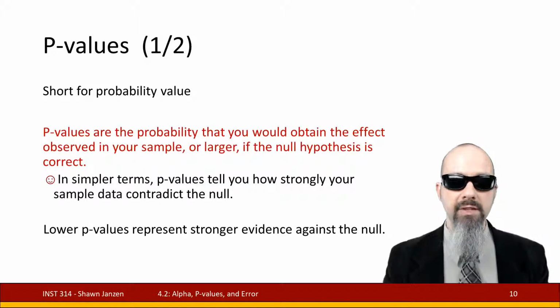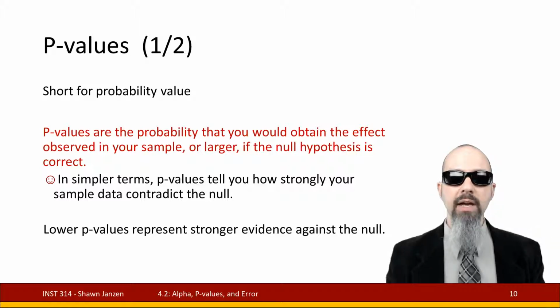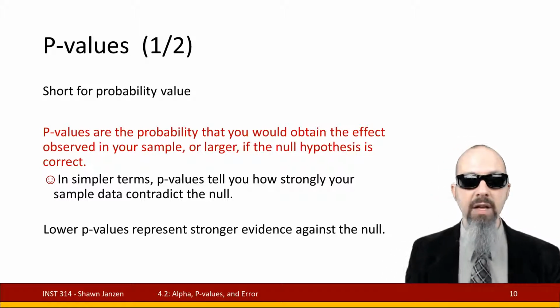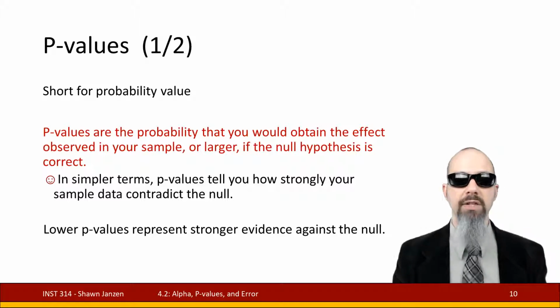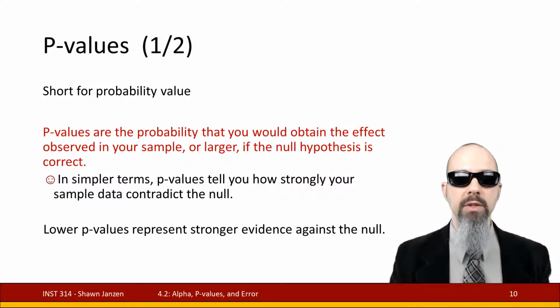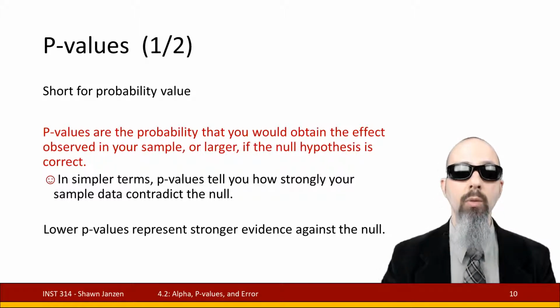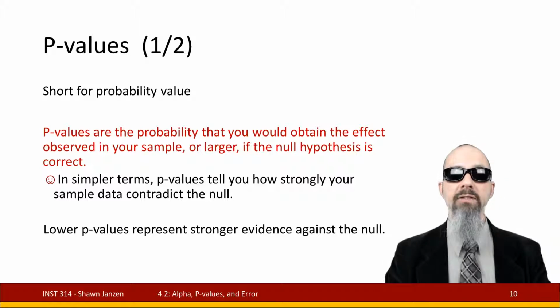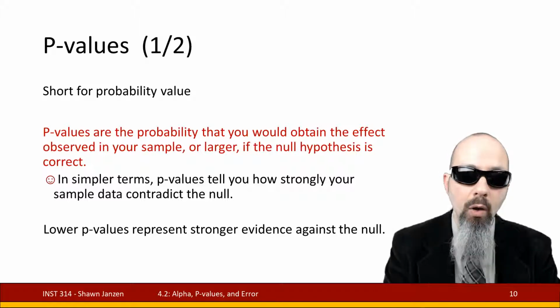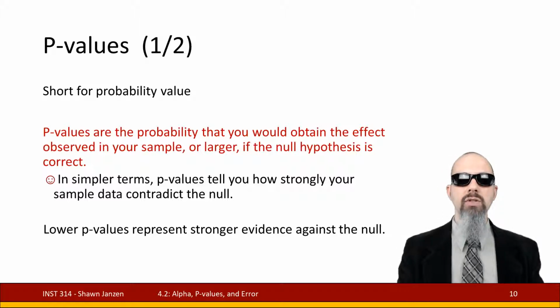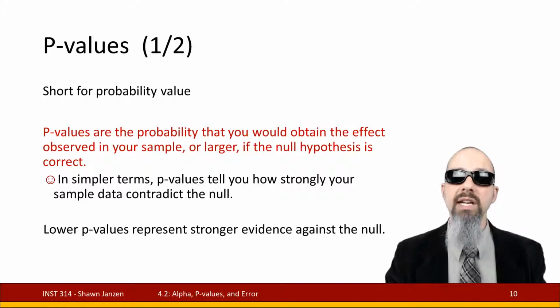The other half of this coin is the p-value. P-value is short for probability value, and we match this against alpha. The p-value, its technical definition, is the probability that you would obtain an effect observed in your sample, or larger, if the null hypothesis is correct. Remember, if the null hypothesis is correct. So in simpler terms, the p-value tells you how strongly your sample data contradicts the null.